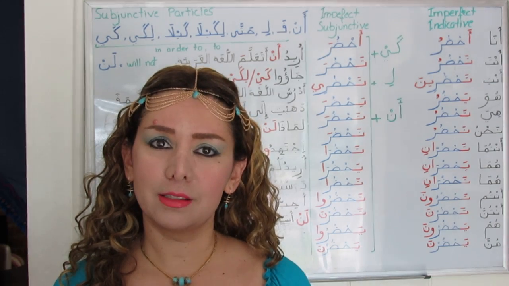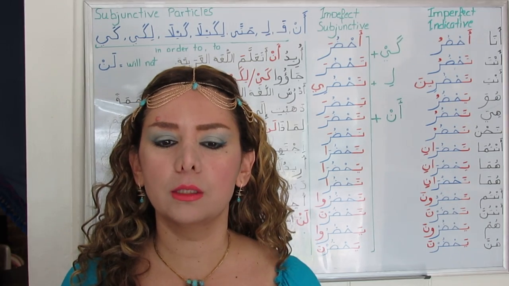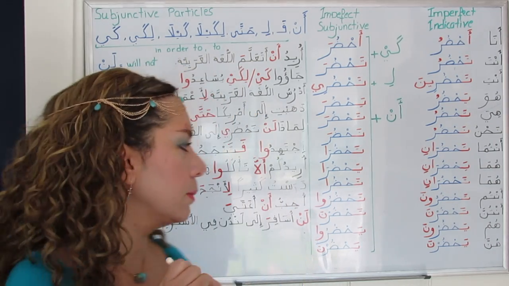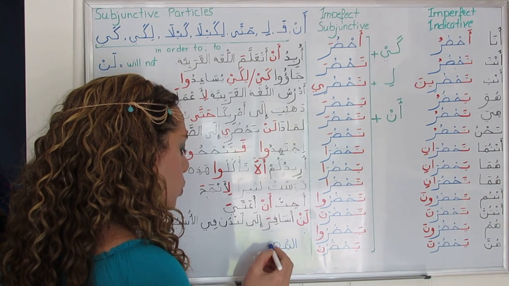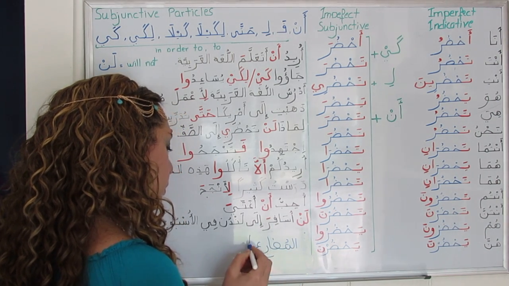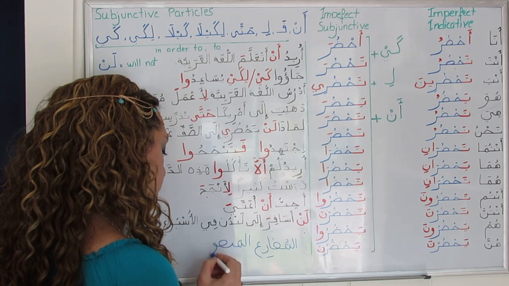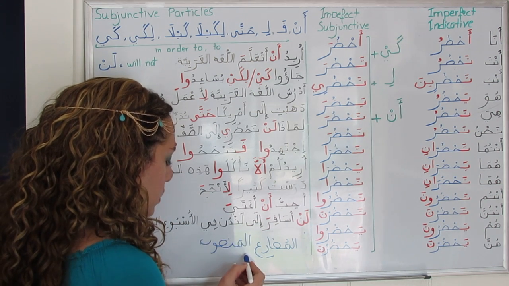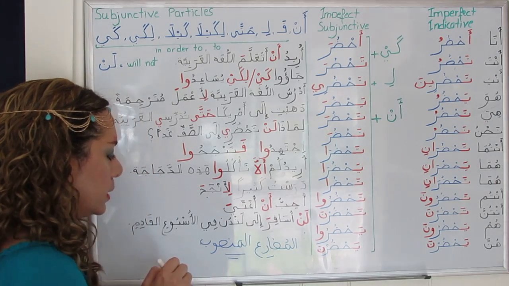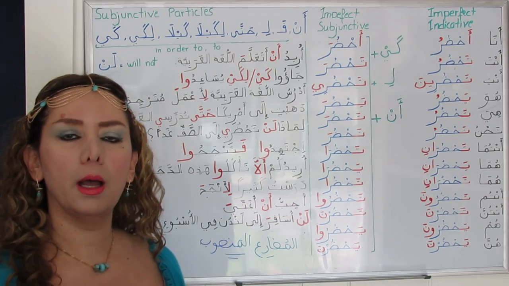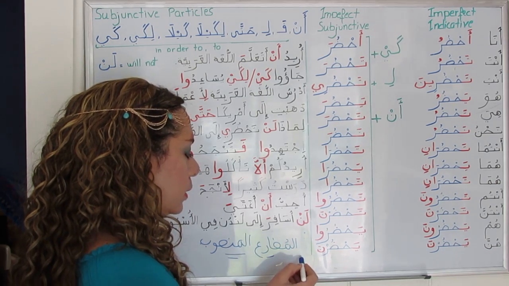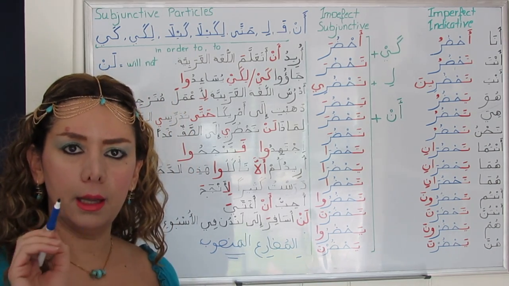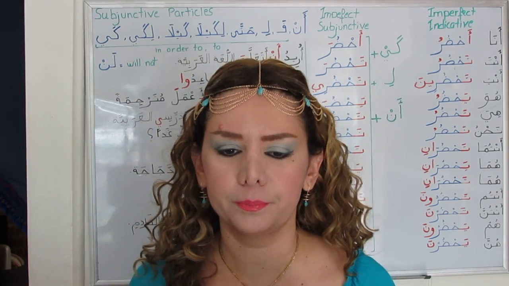In today's lesson, we will be discussing what is called the imperfect subjunctive, المضارع المنصوب, because the conjugated verb will be in the accusative case, ending with فتحة, the short vowel a.